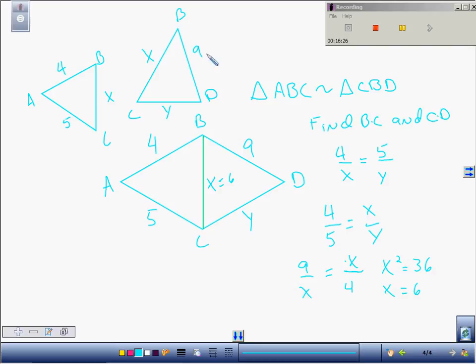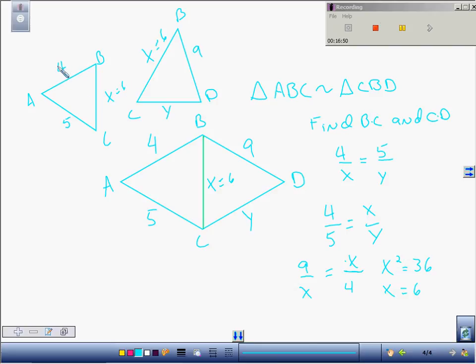4 is to X as X is to 9. And once you know that X is 6, then you could find Y, right? X is 6 in both cases.